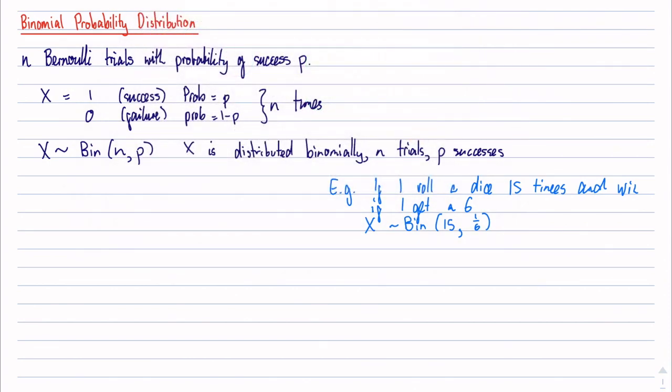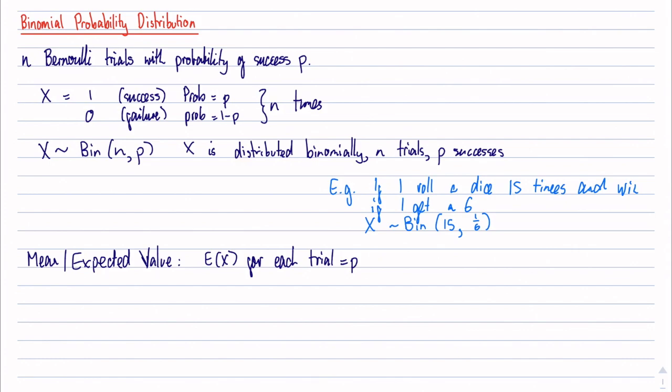Okay, certain things we should know about the binomial probability distribution. We need to know the mean, which is also called expected value. So don't forget, we know EX for each trial equals P. We did this in the previous video.